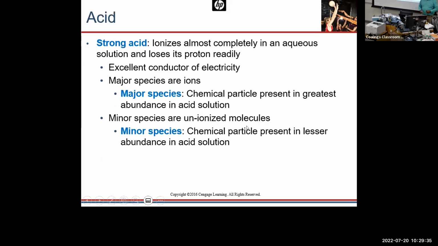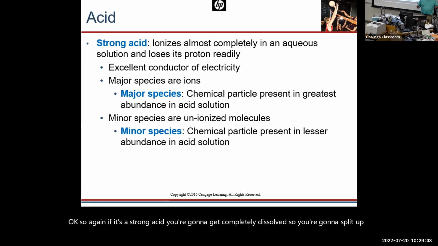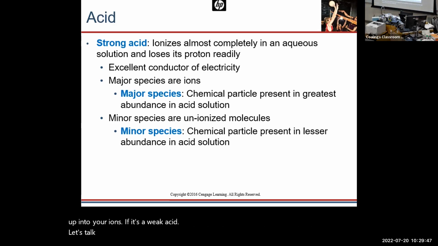Okay, so again, if it's a strong acid, you're going to get completely dissolved. So you're going to split up into your ions. These are 2 examples of strong acids.